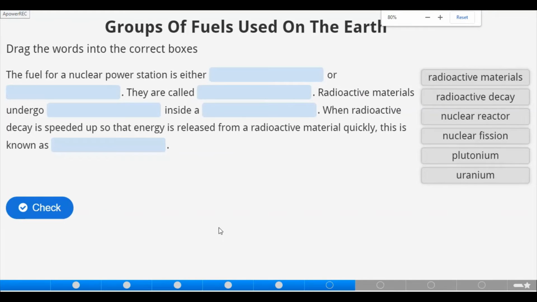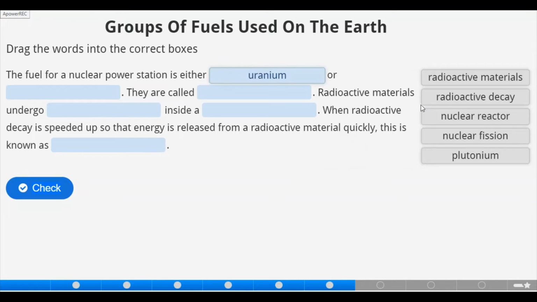All right, let's place the correct words into the correct boxes. This particular paragraph or exercise deals with nuclear energy. Okay, the fuel for a nuclear power station is either uranium or plutonium.